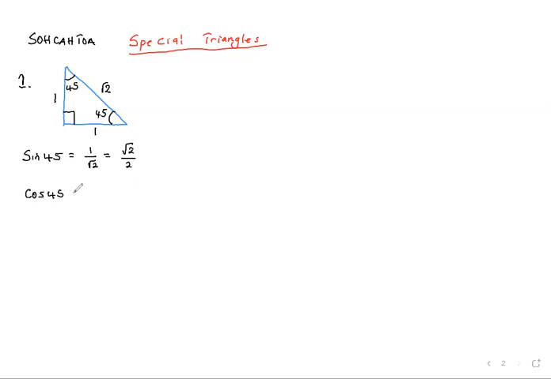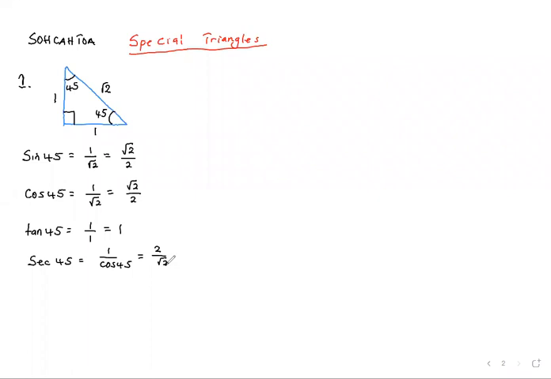Cos 45 is adjacent over hypotenuse. If you rationalize this number, it's going to be root 2 over 2. Tan 45 is opposite over adjacent, which is 1. Still in the same way, sec 45 is 1 over cos 45, which is just 2 over root 2.